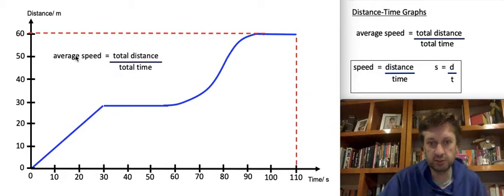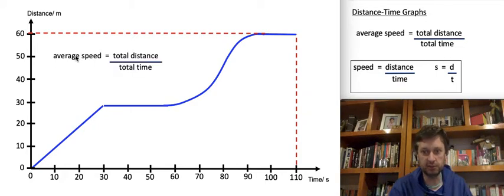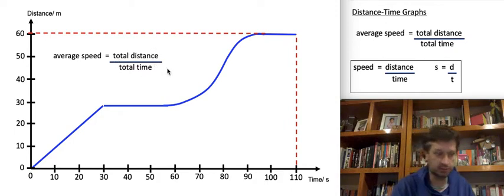Okay, we can look at the first equation here. What was the average speed during that journey? Well, to find the average speed of the journey, all I need to do is to put the numbers for total distance and divide it by the total time taken.